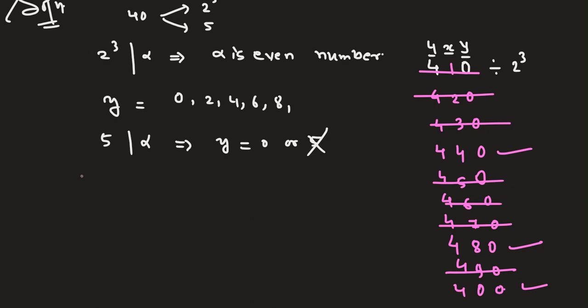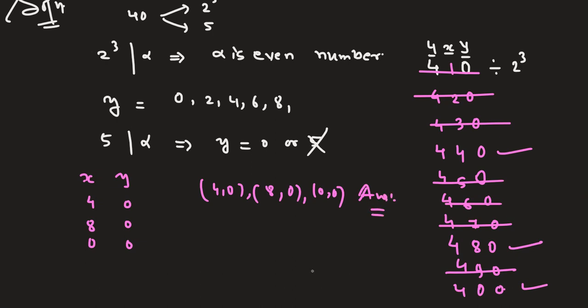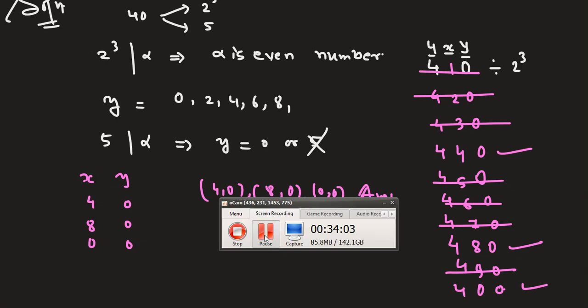So the x and y pair we can take is: x is 4, x can be 8, x can be 0, and y is 0 every time. So our ordered pairs are 4, 0; 8, 0; and 0, 0. These are all the possibilities of this pair. So how many pairs are there? Only 3 pairs.